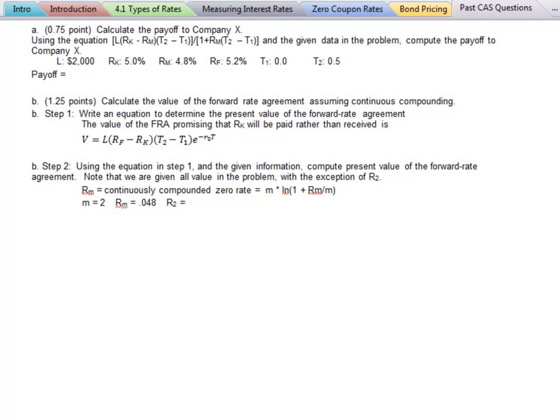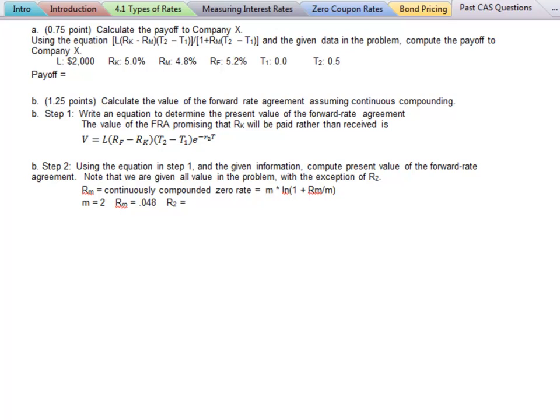Again, Part A asks us to calculate the payoff to Company X. Using the equation shown here, and given the data in the problem, compute the payoff to Company X. Recall that we were given the loan amount of $2,000, R sub k equal to 5%, R sub m equal to 4.8%, R sub f equal to 5.2%, T sub 1 equal to 0, and T sub 2 equal to 0.5.